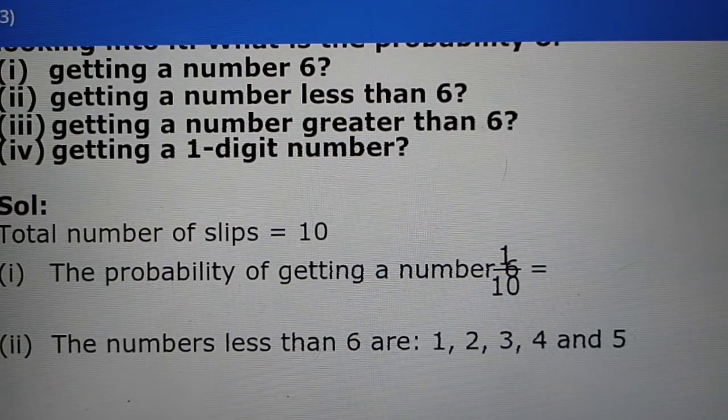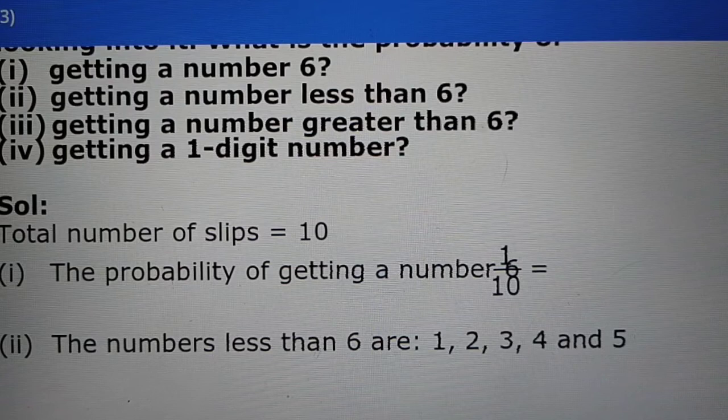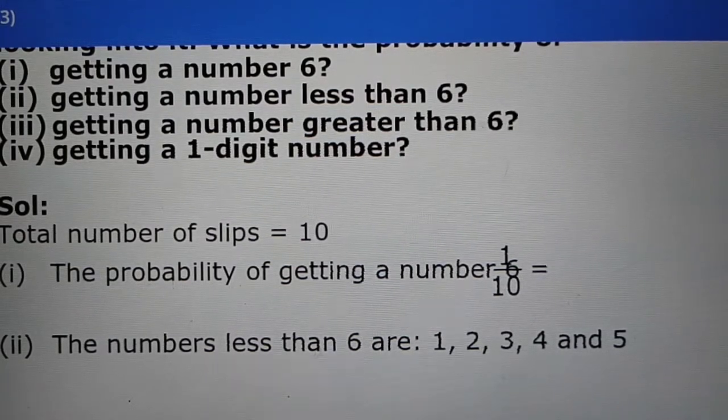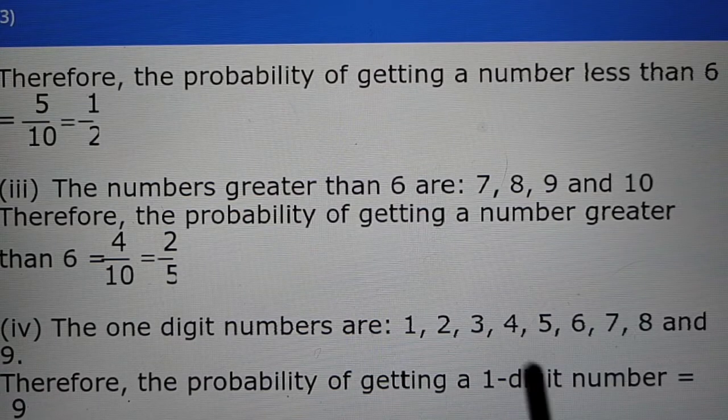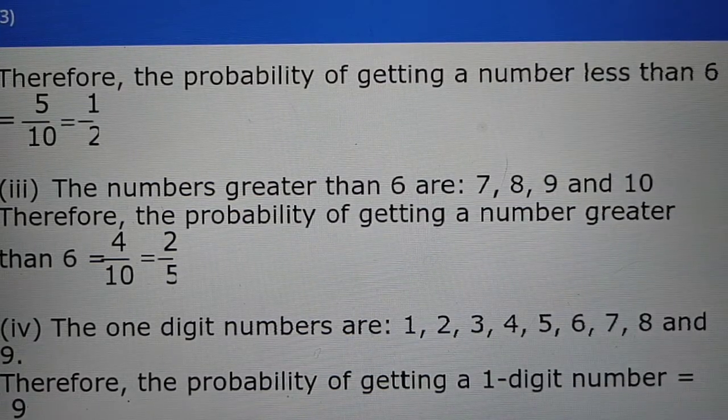So how many chances are favorable? 1, 2, 3, 4, 5. 5 are the favorable events. And how many total events? We have 10. So the answer is 5 divided by 10. So students, we can write the answer like, therefore the probability of getting a number less than 6 is 5 by 10, or we can say 1 by 2.